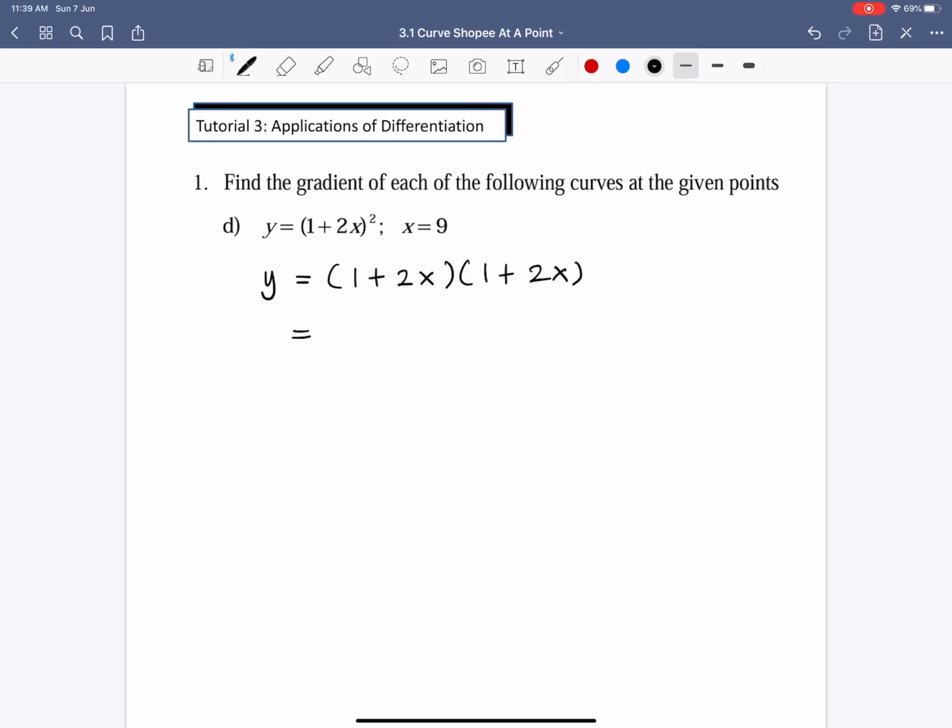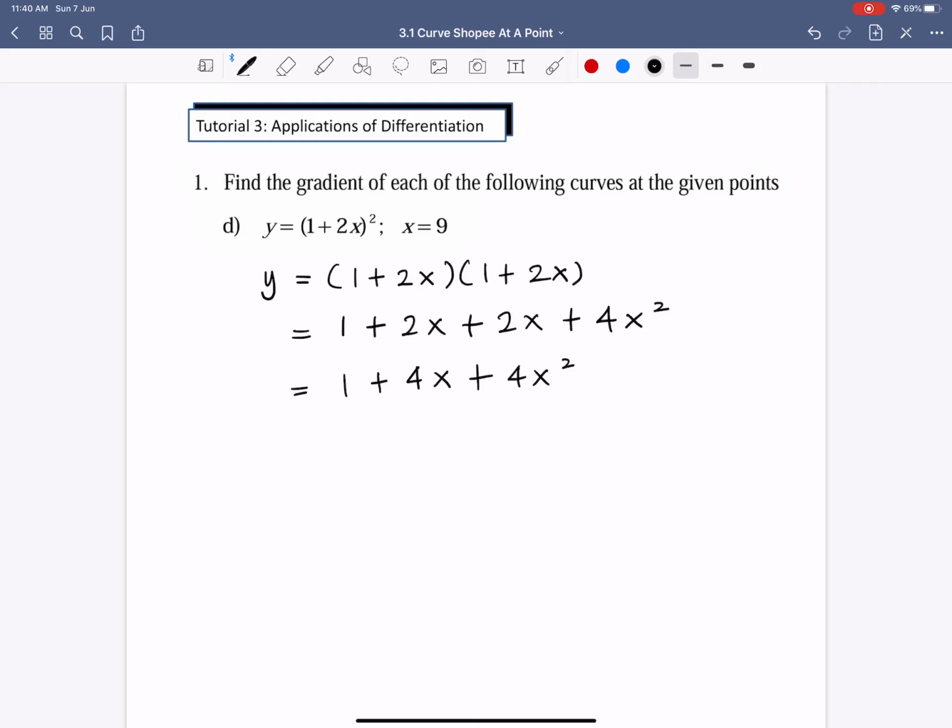Then we expand this expression. 1 times 1 is 1, and then we have plus 2x plus 2x plus 4x squared. Then we can simplify this as 1 plus 4x plus 4x squared.